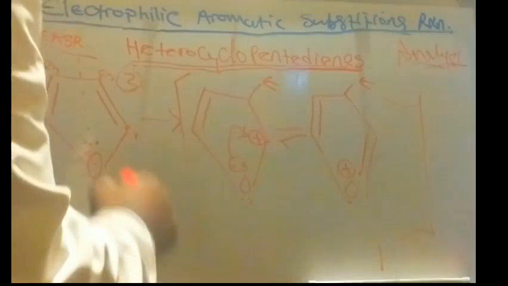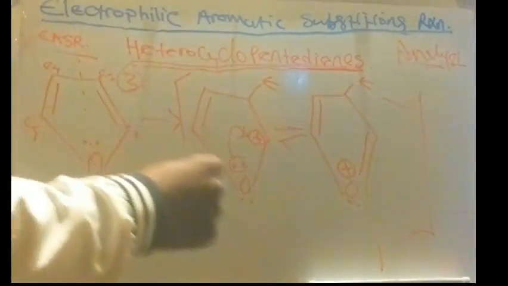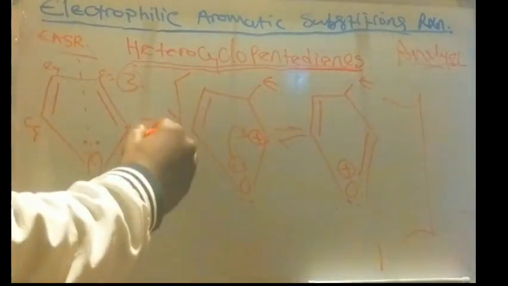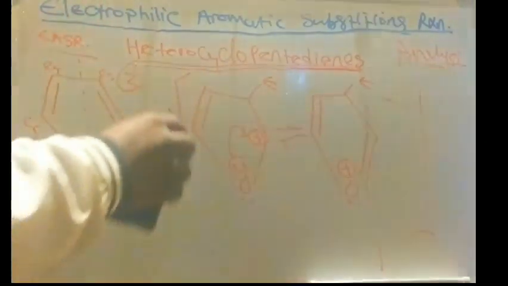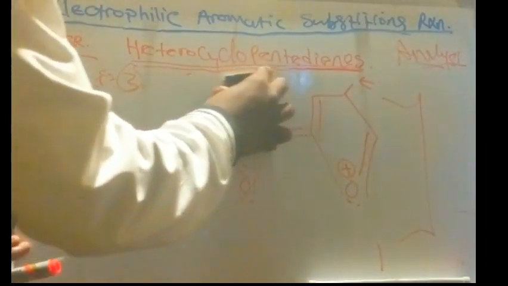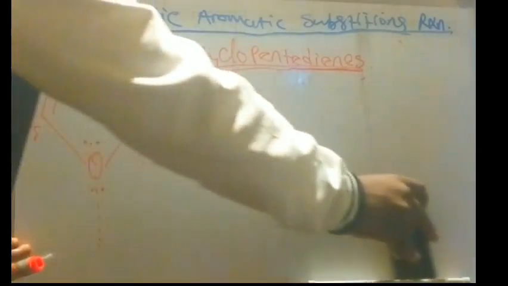If we attack on carbon number 3, let's look at the total of the resonance structures. 1, 2. So we only have 2 total resonance structures. That is good, because in the first reaction where we had used carbon number 2, we had realized 3 resonance structures. What does this information tell us?